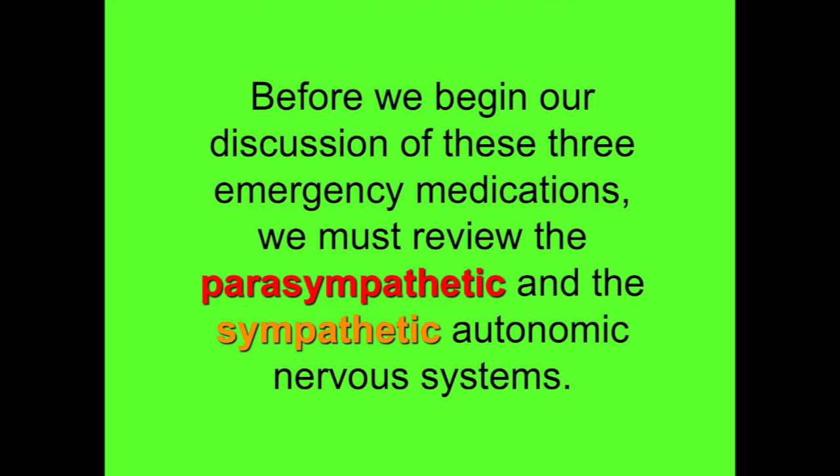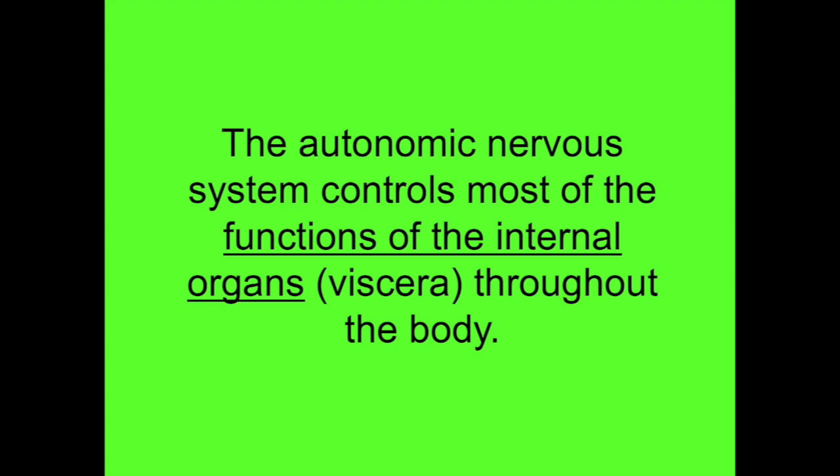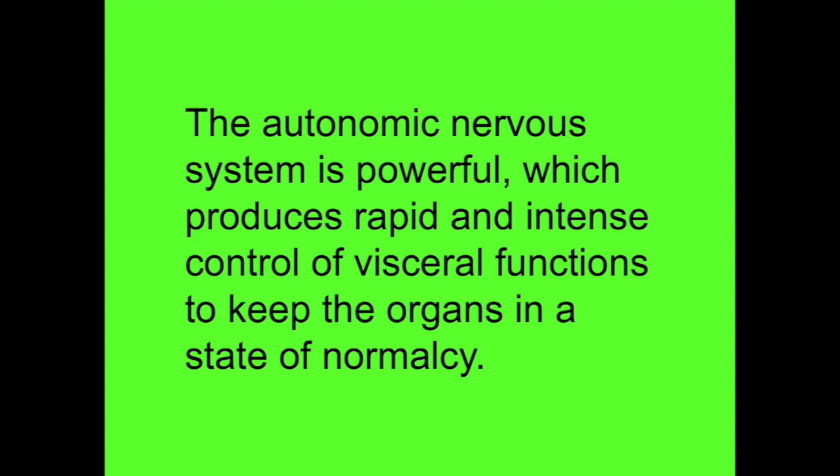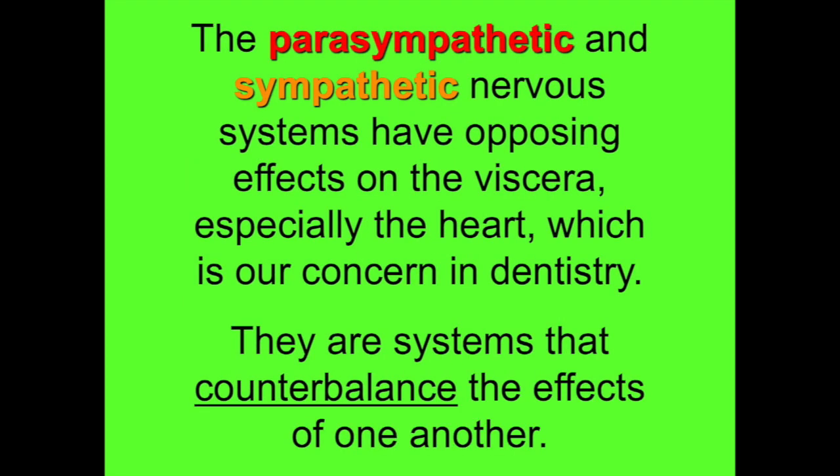So let's review the parasympathetic and the sympathetic nervous systems very briefly. You're going to see this on a number of your other courses, as we said. They function to regulate the functions of the internal organs throughout the body. It's an automatic system. It's a very powerful system. And the two systems, parasympathetic and sympathetic, counterbalance each other.